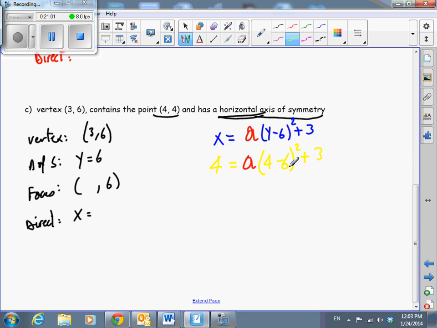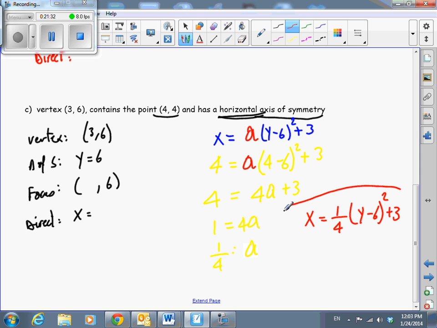Plug in a point. 4 minus 6 is negative 2. Negative 2 squared is 4. So I have 4 is equal to 4a plus 3. Subtract 3 from both sides to get 1 is equal to 4a. So a is equal to 1/4. Now I can write the equation as x equals 1/4 times y minus 6 squared plus 3.